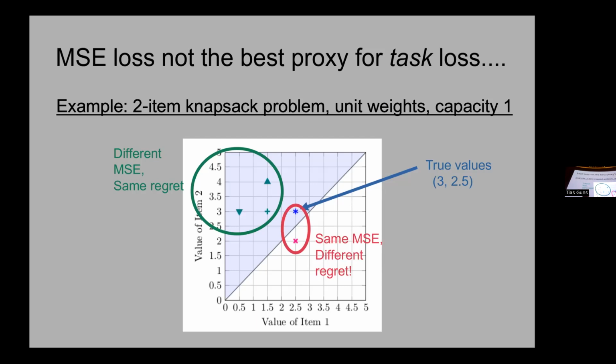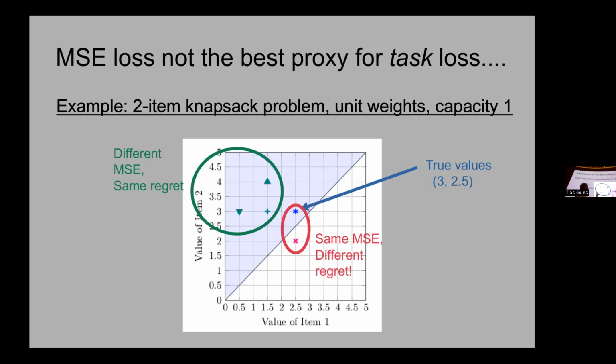On the other hand, if we look at these 2 points, then their mean square error is the same, because there's an equal amount of under prediction for one item as there is an over prediction for the other. No, that's not true. Item 1 actually has exactly the same value, while item 2 should have this value, but it's now given the value below.